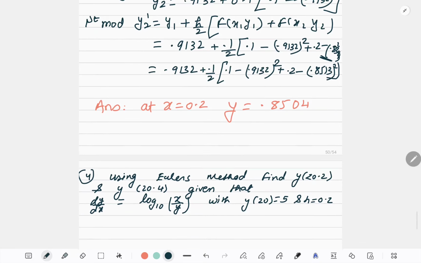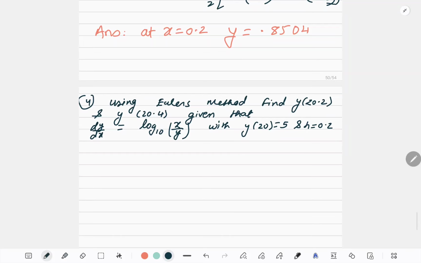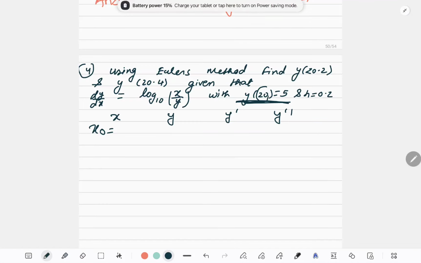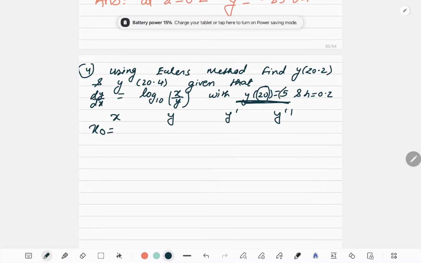So I hope now the method is very clear to you. Let us see few more questions. Let's come to this. Now, using Euler's method, find y of 20.2 and y of 20.4 given this. Okay. So again make the table x, y, y dash and y double dash. So x0 is equal to, if you observe the question, this is the initial condition given. So this is x0 and this is your y0.